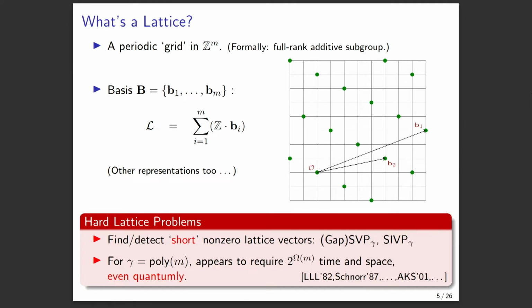So we need hard problems to do cryptography. And there are many, many problems that seem to be hard on lattices. They almost all have the nature that they're all related to somehow finding short vectors or detecting short vectors or decoding from short vectors in the lattice. So I'll just give you one particular example. The most famous problem is the shortest vector problem.